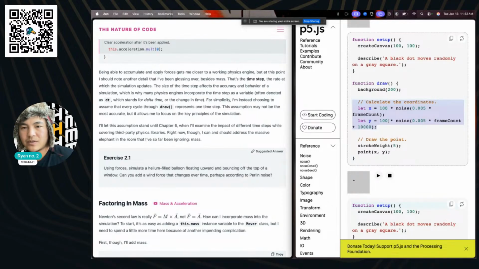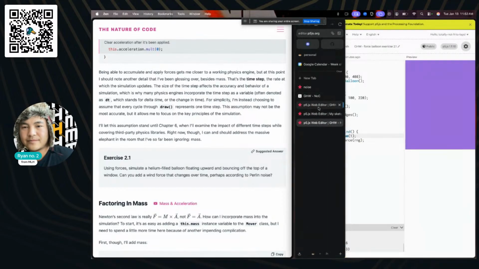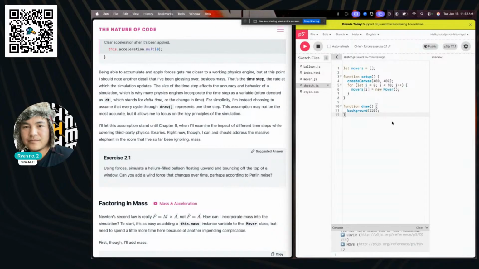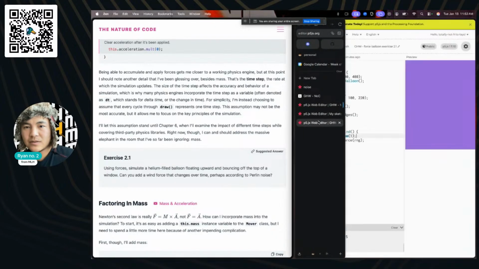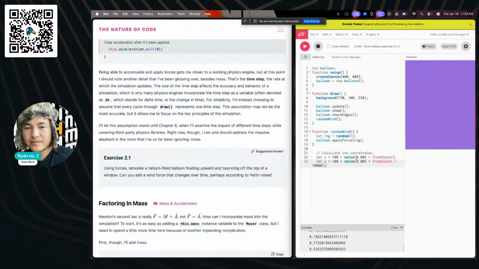Stroke weight, yeah. This is the one we're using. I'm gonna close that one before I forget. Okay, let's comment that out. Let's change this to noise. Actually, we can just move this over into random wind.